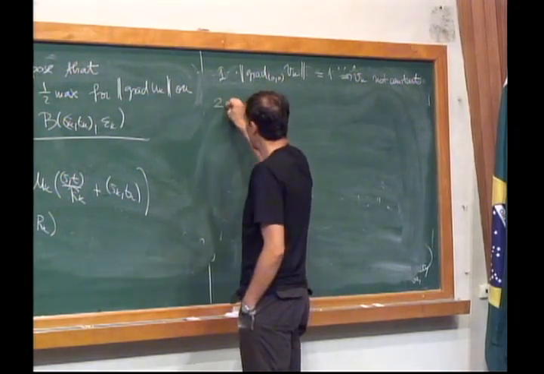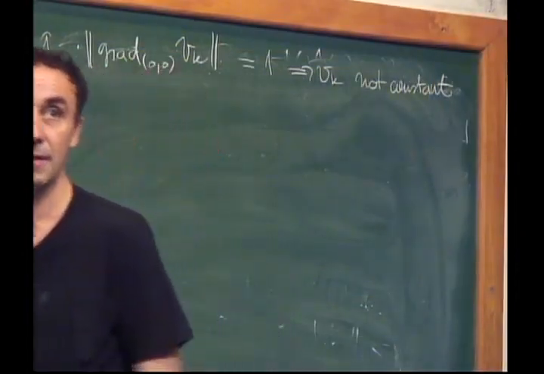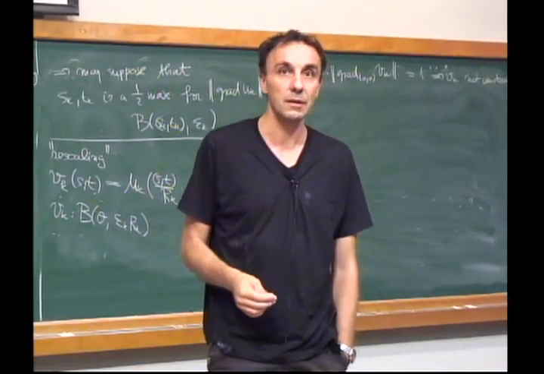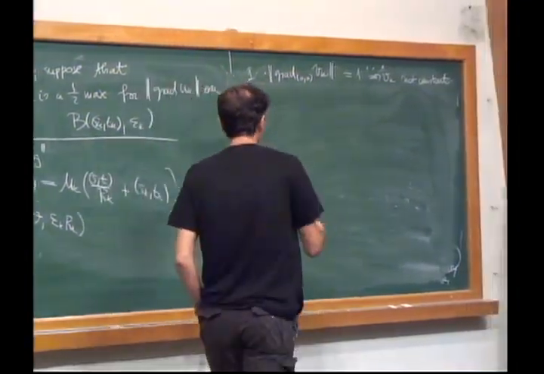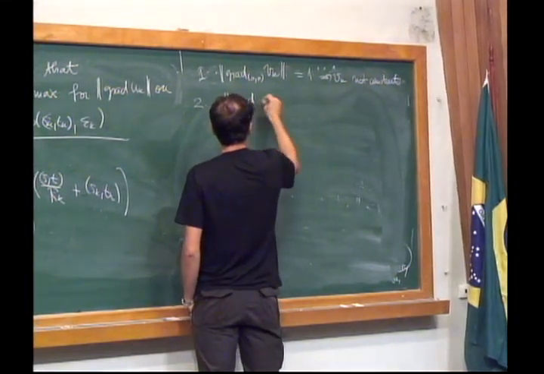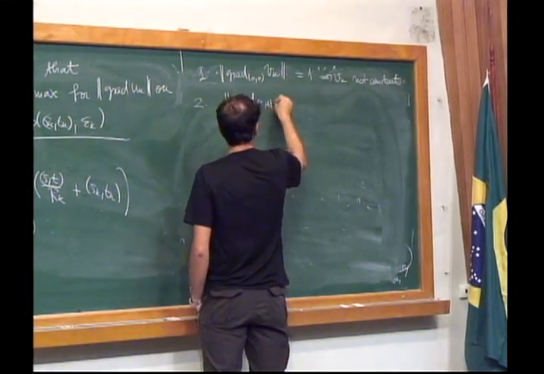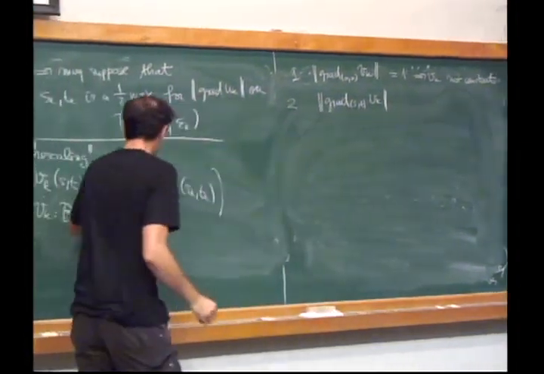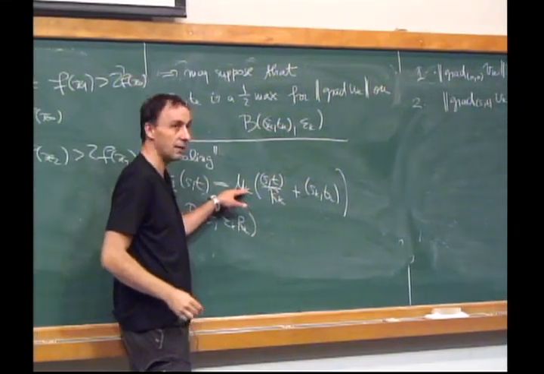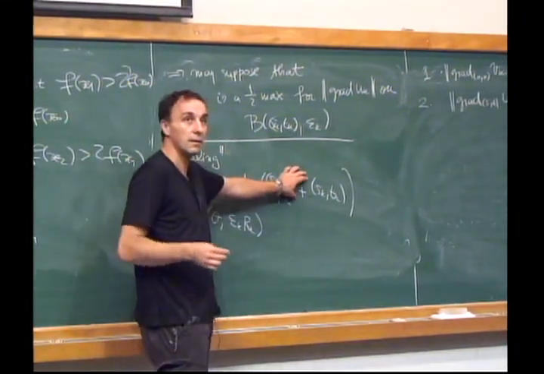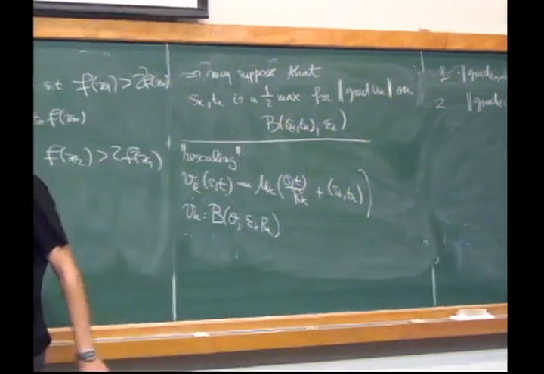The second property is given by the half maximum property. So when you compute this gradient of vk, now again you get 1 over Rk, and then the gradient of uk in this small ball here.